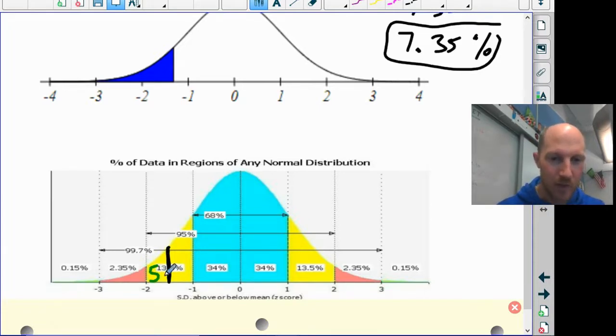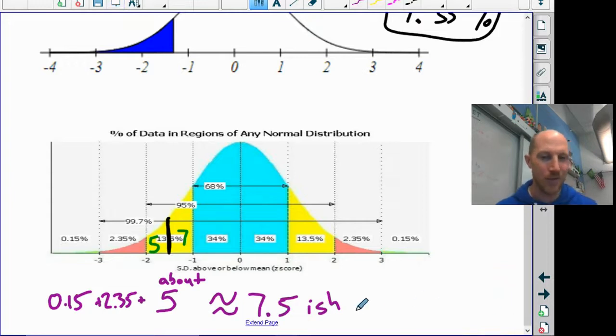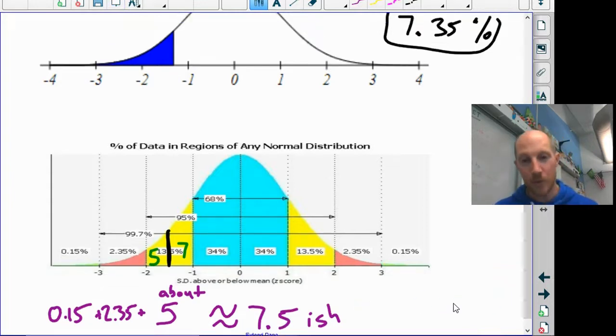So maybe one side is like 5 and the other side is like 7-ish, something like that, right? So really what we're looking for is the 0.15% from the tiny little green sliver, 2.35% from this red section, and then about 5. And that does in fact add up to about 7.5, which is what we came up with from the z-score table.